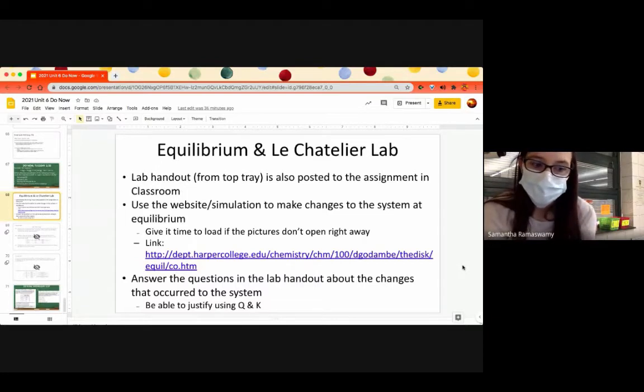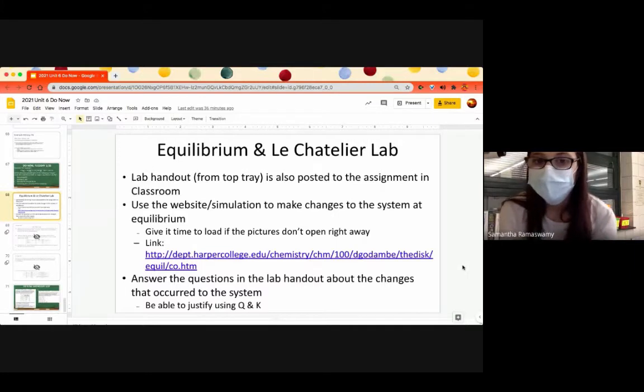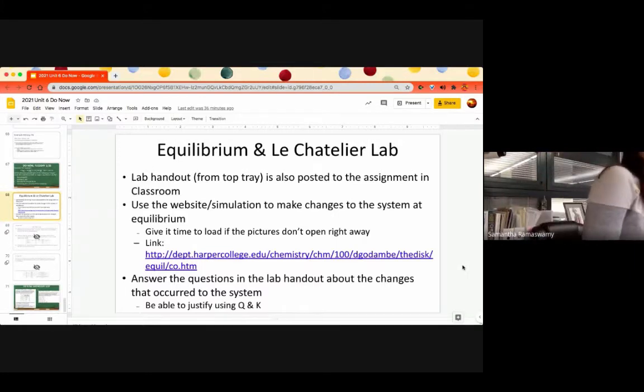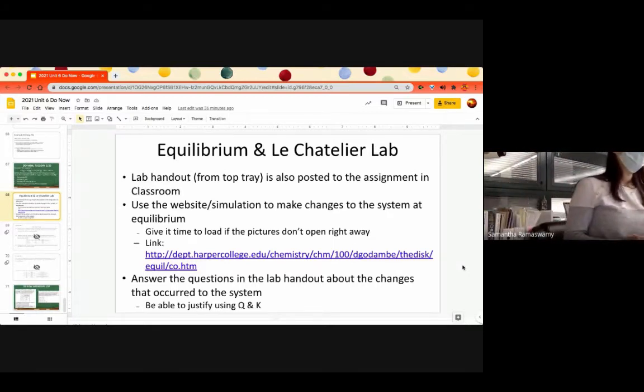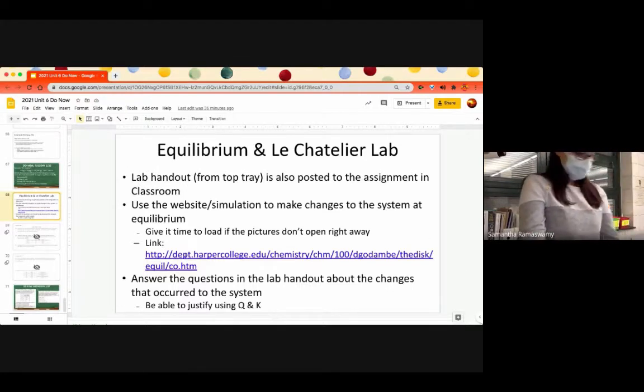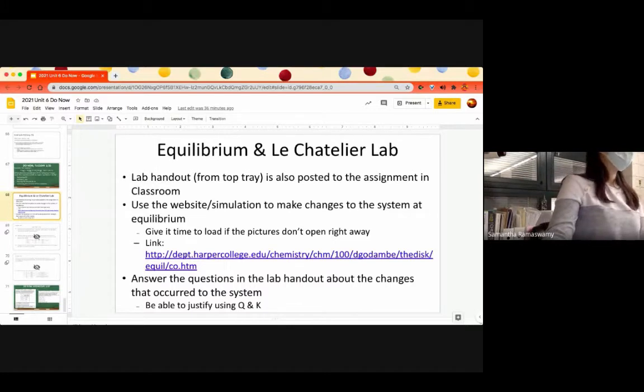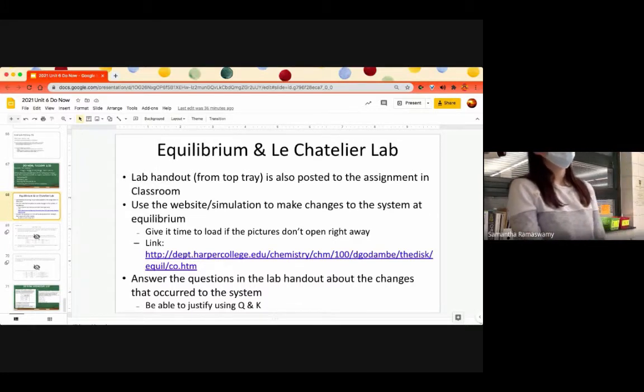So there's a Google Doc or there's a PDF if you want to print it out. I pushed out an assignment in Google Classroom this morning that has the handout and also has the link. So this link right here, if you don't want to type it when the time comes in the lab, the link is in the assignment in Google Classroom.